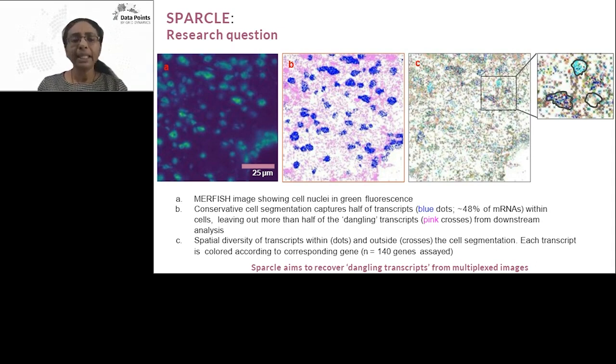In panel C, you can see the spatial diversity of transcripts, shown as dots belonging to within the cell. So here you see a bunch of dots, and then outside you see different colored crosses. These are transcripts that do not belong to any cell at the moment. So in SPARKLE, we were trying to recover the pink crosses that were outside the cells and assign them to cells.